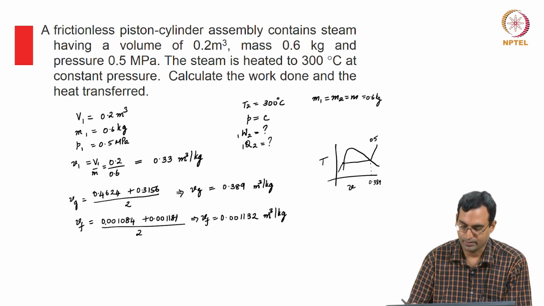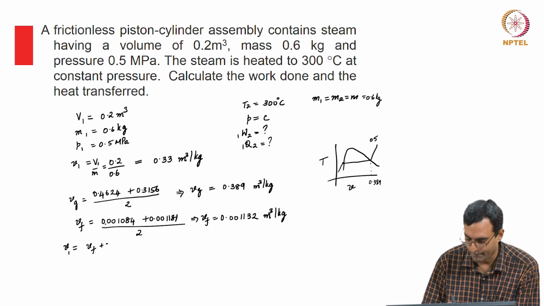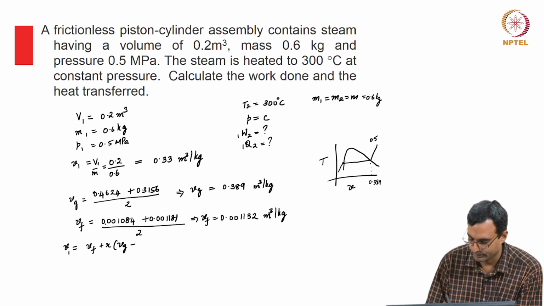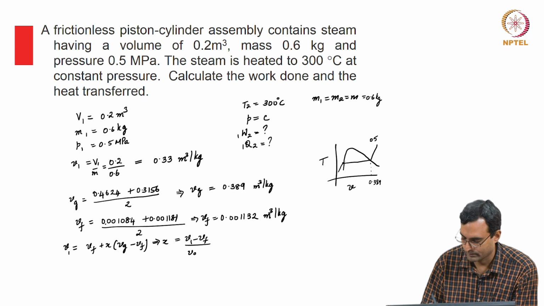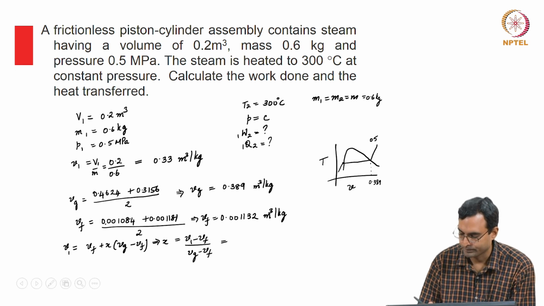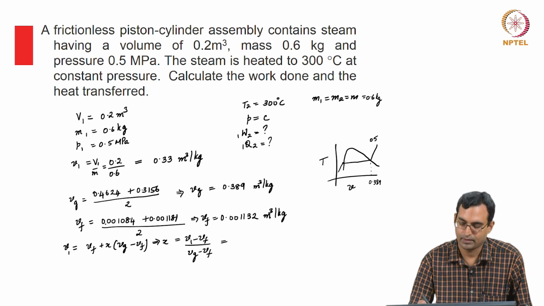Since it is in that region, I can also find the quality associated with it, in a similar fashion to what we have done earlier. So, V1 is 0.33, Vf is this, Vg is this.